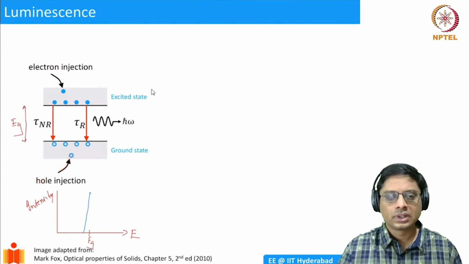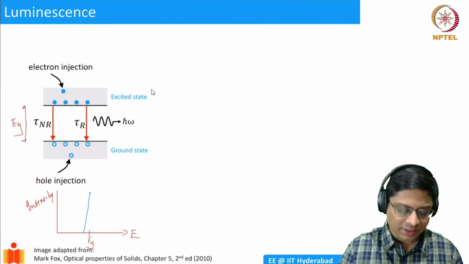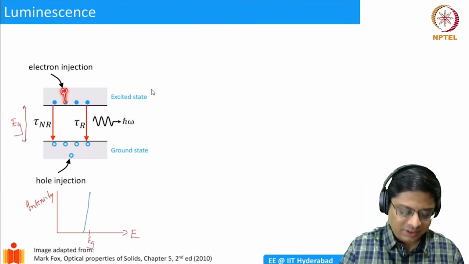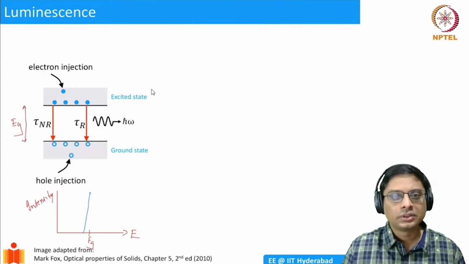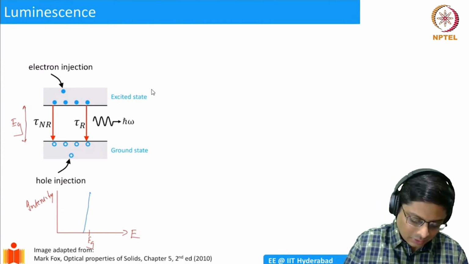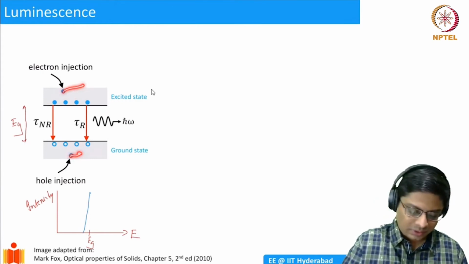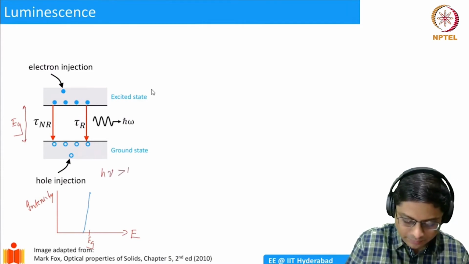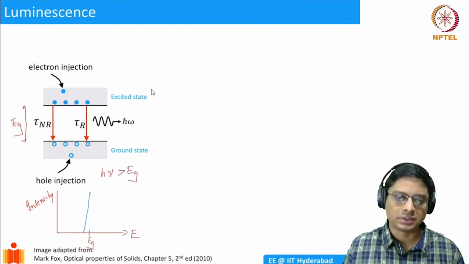So you manage to inject an electron at a higher energy, deeper into the conduction band, and this is again a higher energy hole. Can this electron recombine with this hole and give you a higher energy photon? So the question is, can you get h nu greater than Eg? Is this possible? If so, how much energy is possible?